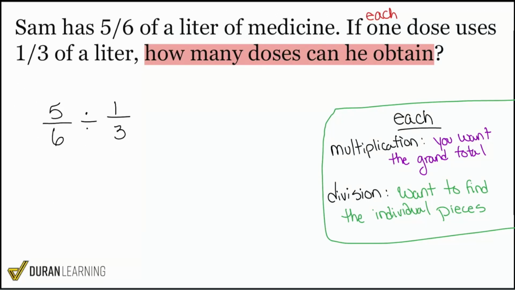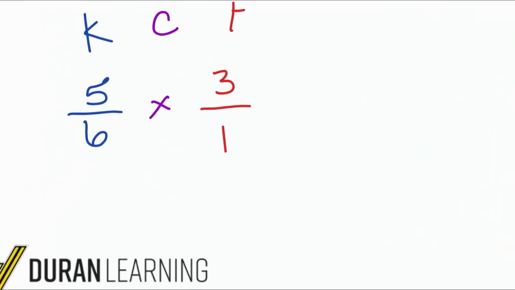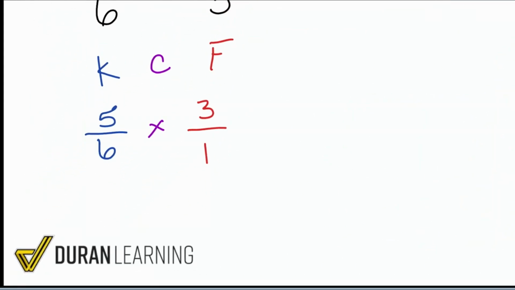So here we are going to keep that first fraction the same, 5/6. We are going to change the operation from division to multiplication. And we are going to flip that second fraction from 1/3 to 3/1. Now that we're here, are we ready to multiply? Yeah, absolutely. And also, if we wanted to, we could simplify beforehand, which I would recommend. Let's go ahead and simplify beforehand, noticing that we have a 3 up top and a 6 in the denominator.